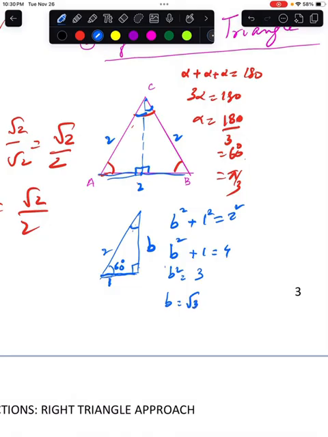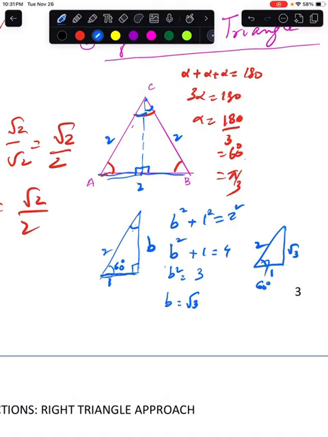Remember, again we are discarding the negative sign because this is a length. Now that we know, we have this situation. We have a triangle, this angle is pi over 3 or 60 degrees. This side is 1, this is 2, and this is square root of 3. So the opposite is square root of 3, adjacent is 1, and hypotenuse is 2.